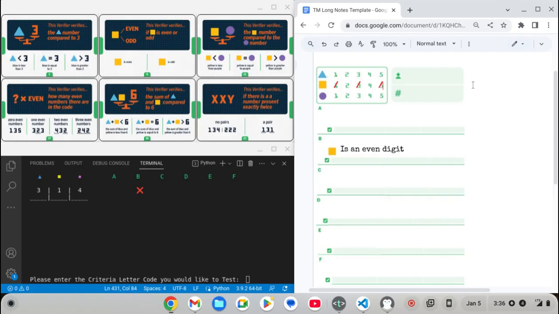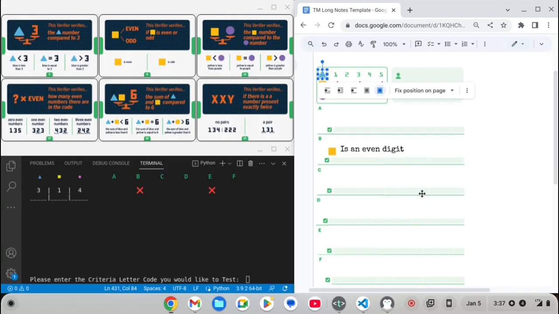Okay, so I think the next thing I'd like to test is criteria card E. Okay, so again, the Turing Machine does not approve of my choice, except this time we are looking at both triangle and square and adding them up. So in my proposal, 3 plus 1 is 4. 4 is less than 6, but since the Turing Machine does not approve that, it must be one of the other 2 options. And that is that the sum of the 2 digits must be either equal to 6 or be greater than 6.